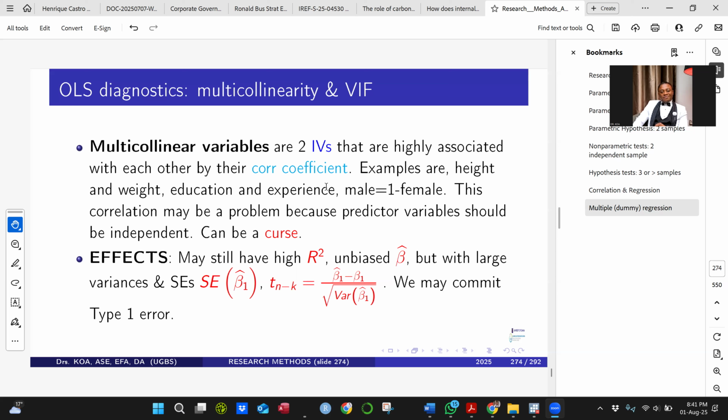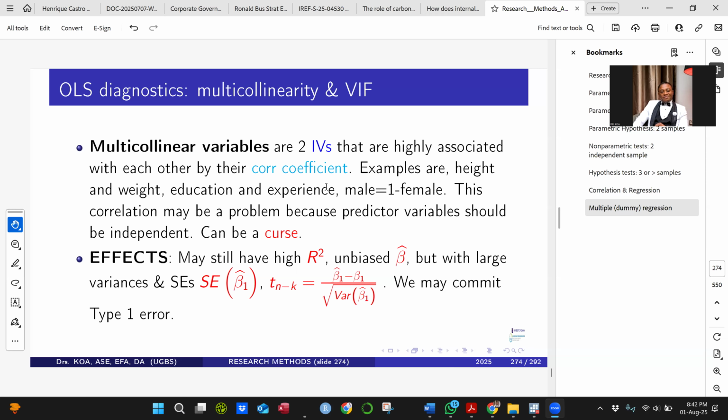When you have male, then 1 minus the female is male. Sometimes height and weight are multicollinear. Your height is related to your weight. If you check, as you are growing taller, you're also expanding. Sometimes experience and education are highly correlated, but they are not perfect complements.